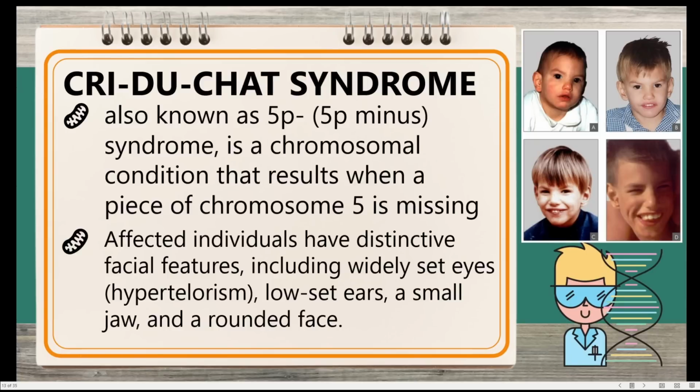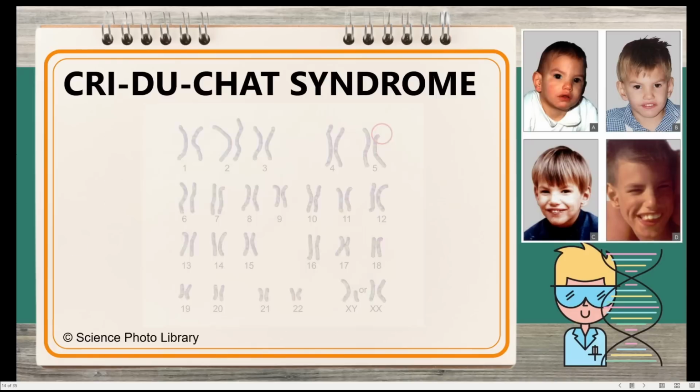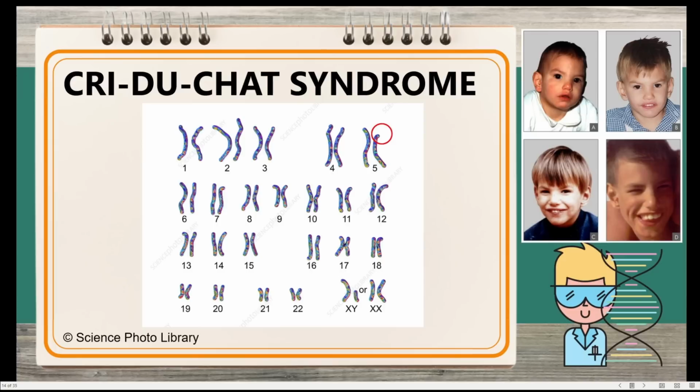So medyo frequent siya. It occurs in estimated 1 out of 20,000 to 50,000 newborns. And ganito yung itsura ng karyotype ng isang tao na may Cri du chat syndrome. Ayan. So, medyo may naputol na onte sa chromosome number 5.